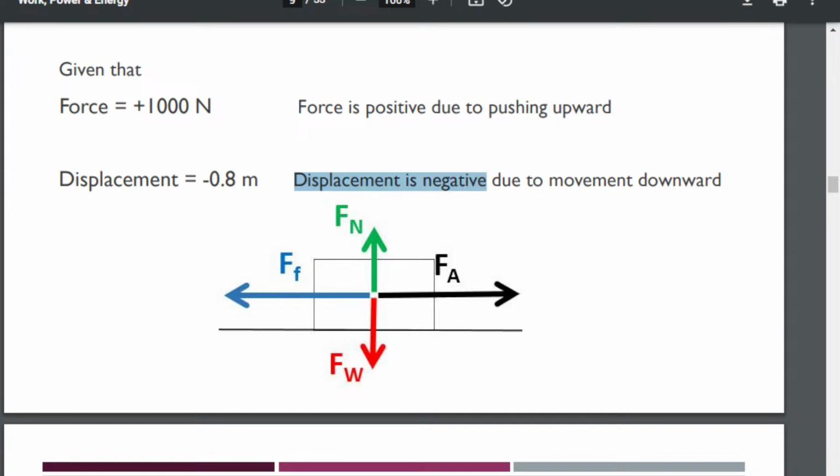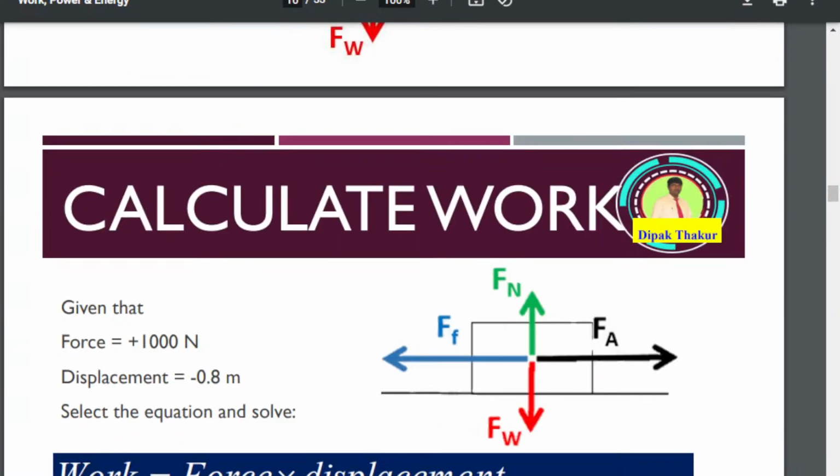Because displacement is negative due to the downward movement. The force we are applying is upward, so force equals plus 1000 Newton, and displacement equals minus 0.8 meter.